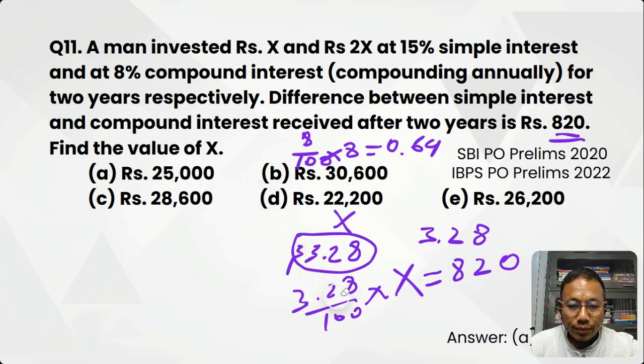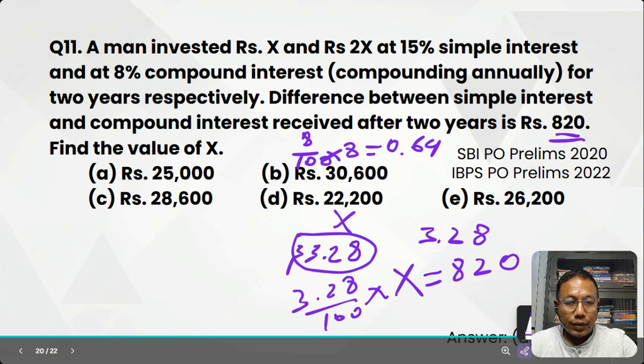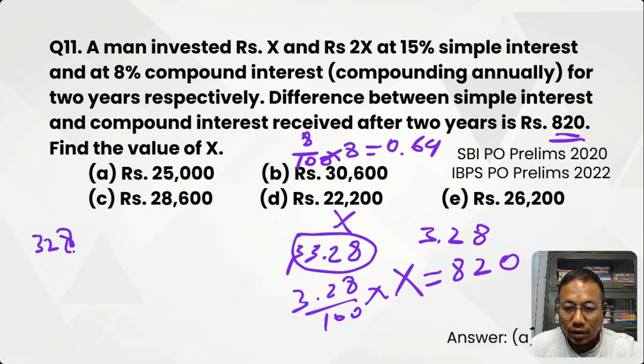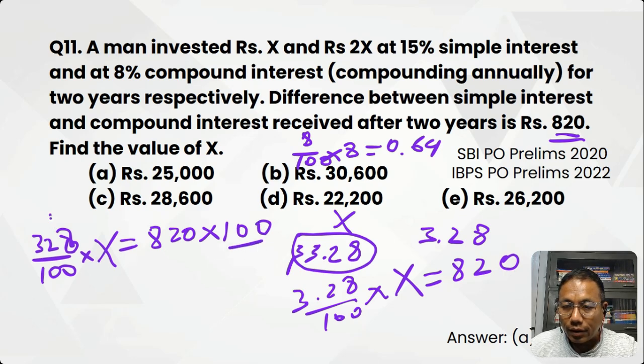We have a decimal point. Multiply both sides with 100. The point will vanish. We have 328 divided by 100 into x equal to 820 into 100. Multiply by 100 on both sides, then the point vanishes, right? 82 ones are 82.